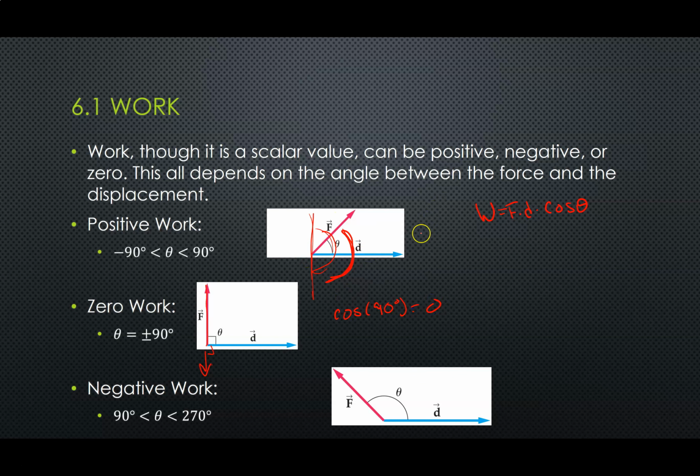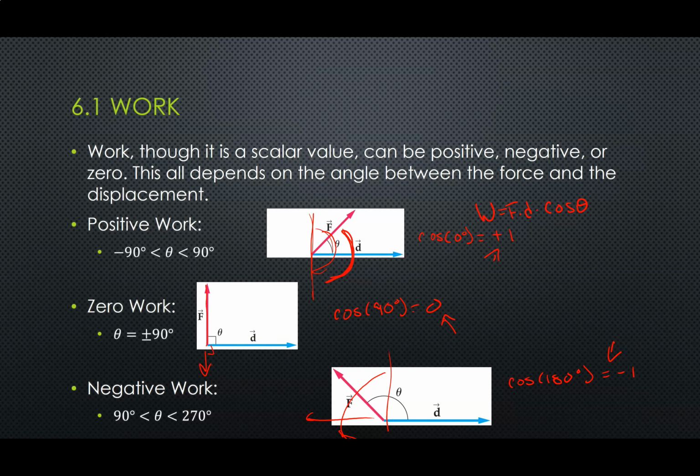If we're in the same direction, cosine of 0 degrees is positive 1. If we're in the opposite direction, so anywhere on this side, we get a negative value. Cosine of 180 degrees is negative 1. So we're utilizing these ideas to determine what the sign of the work is.